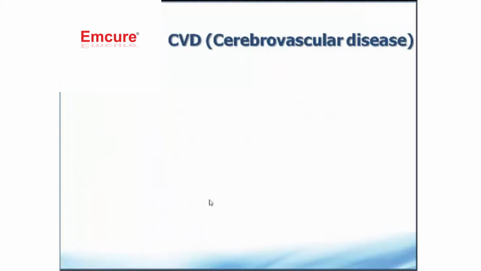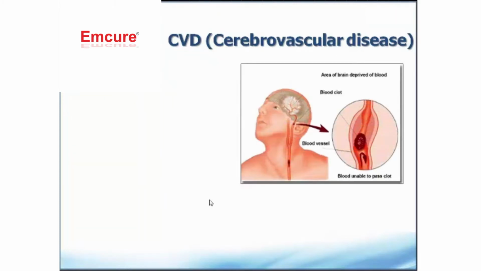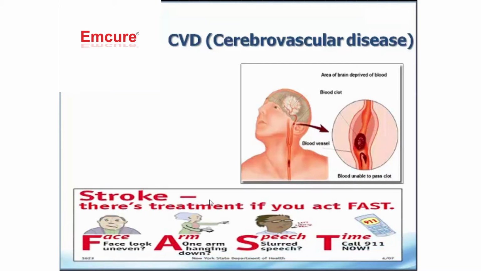Now let us see what is CVD, that is cerebrovascular disease. Cerebrovascular disease is basically related to the brain, where a blood clot interrupts the blood flow towards the brain, which ultimately brings an ischemic condition in the brain, and thereby the patient experiences a stroke.